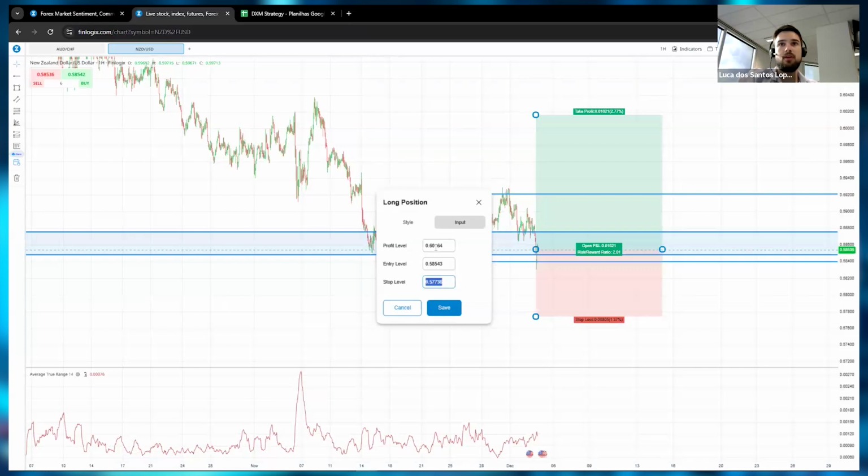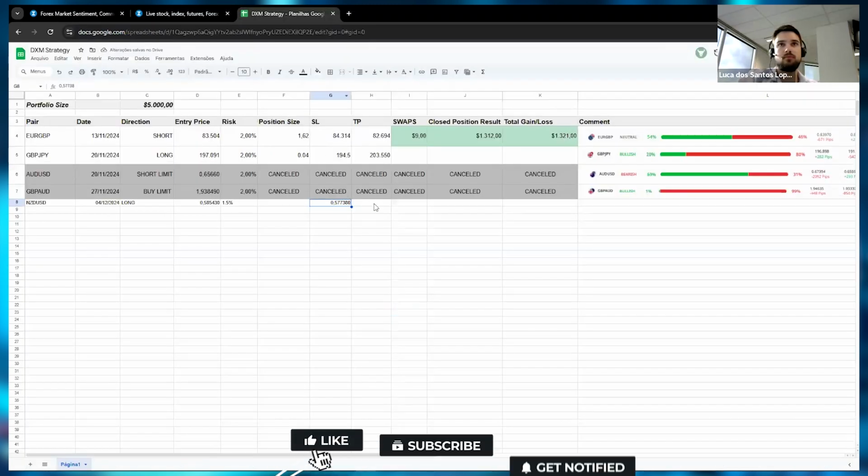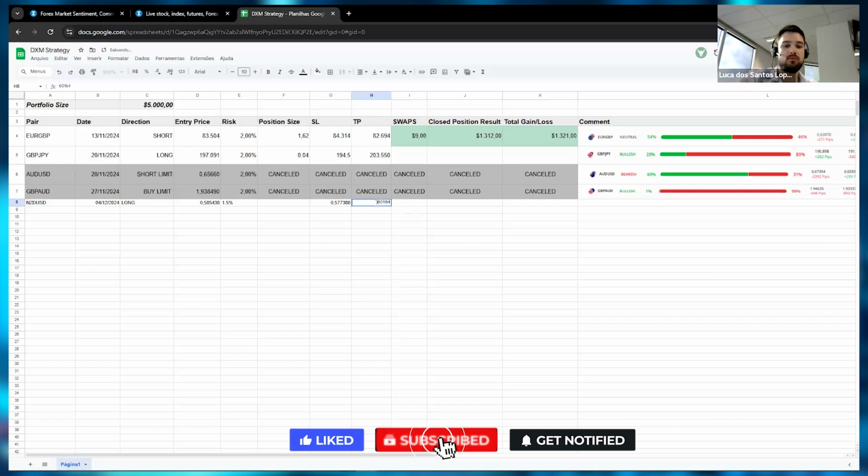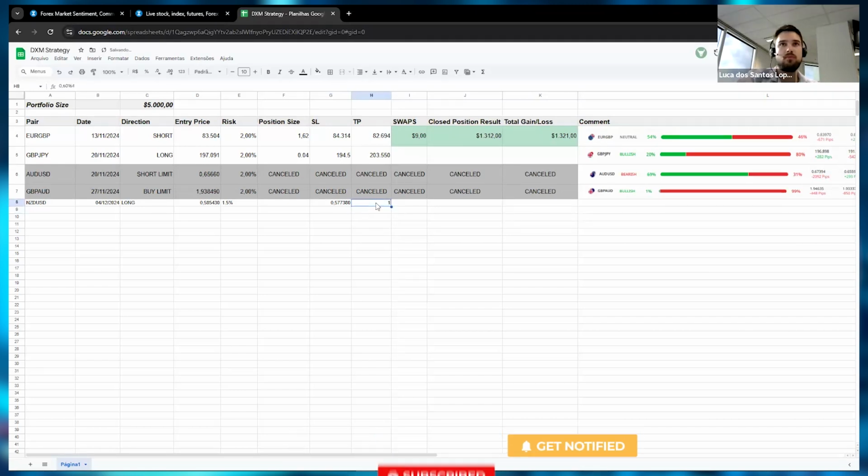And the take profit is this one here. Ta-da. There we go. Now the swaps we don't know, close positions we don't know, that's running.